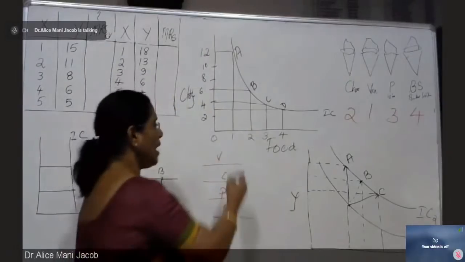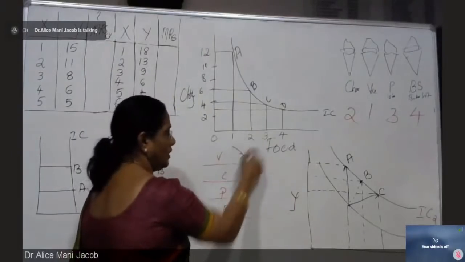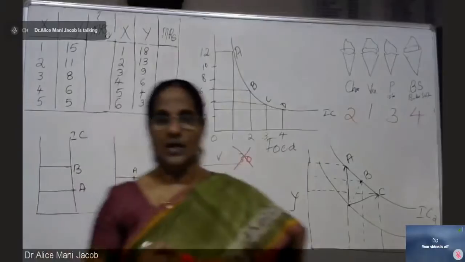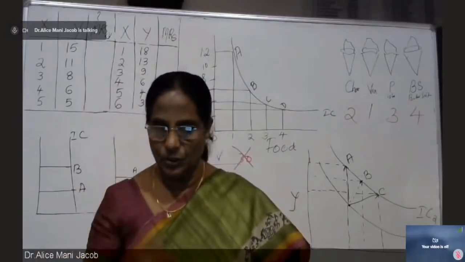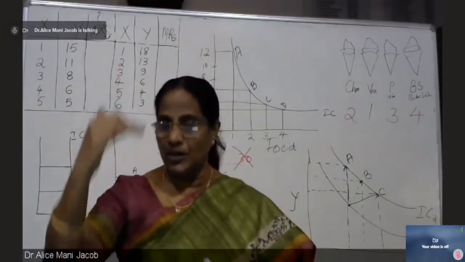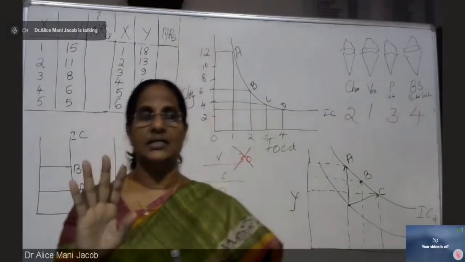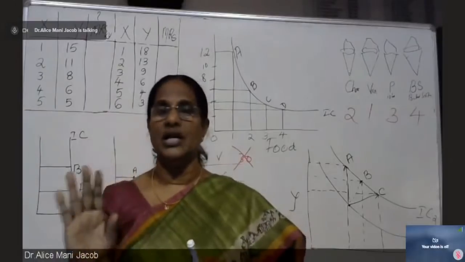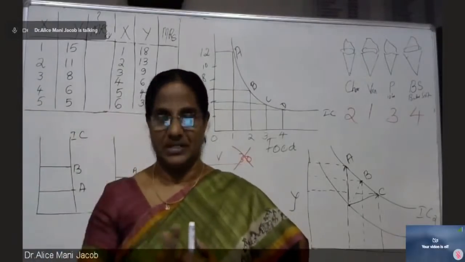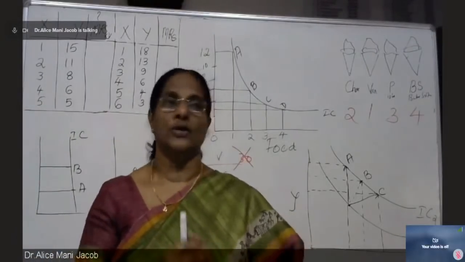There is no number associated. It is not possible to give a cardinal number to utility. We can only order our preferences. That is, utility is only ordinally expressible. That's what is given in your book.